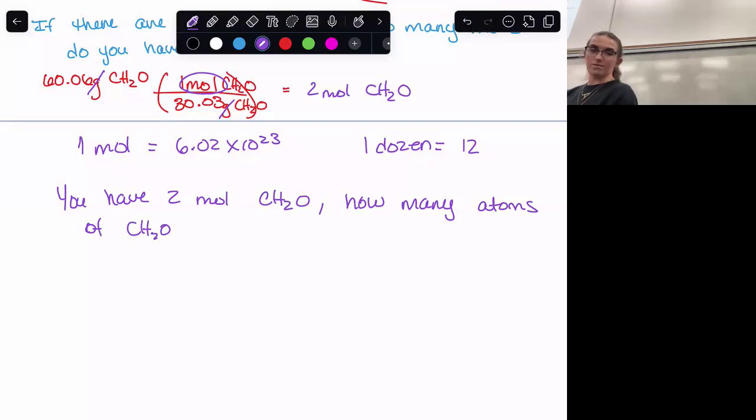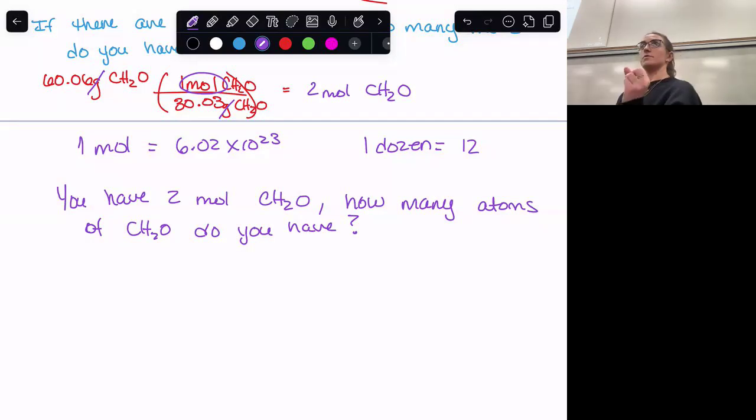It's not the word I'm looking for, but I've lost it. Whatever. How many atoms of CH2O do you have? Now what are we going to use in order to get to atoms of CH2O? Molecules. The word is molecules.